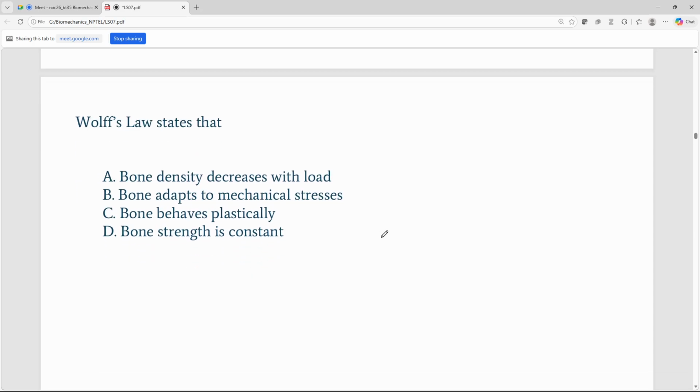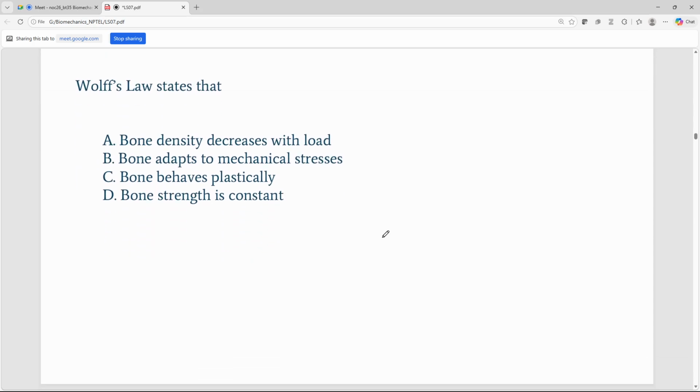Next question, Wolff's law. Wolff's law states that option A, bone density decreases with load. Option B, bone adapts to mechanical stresses. Option C, bone behaves plastically. Option D, bone strength is constant. What does Wolff's law state?